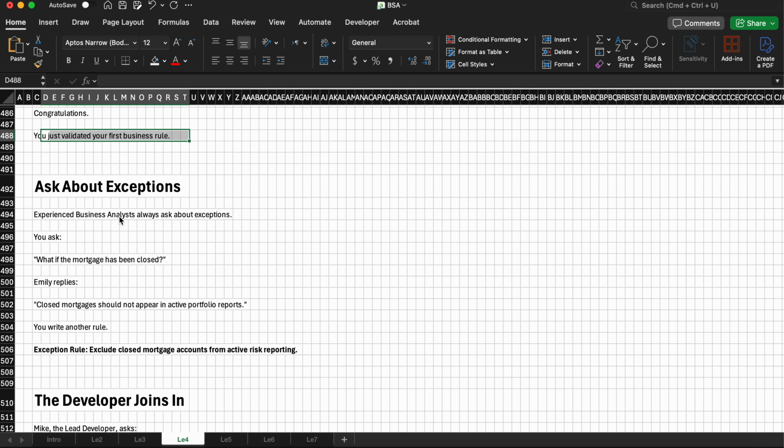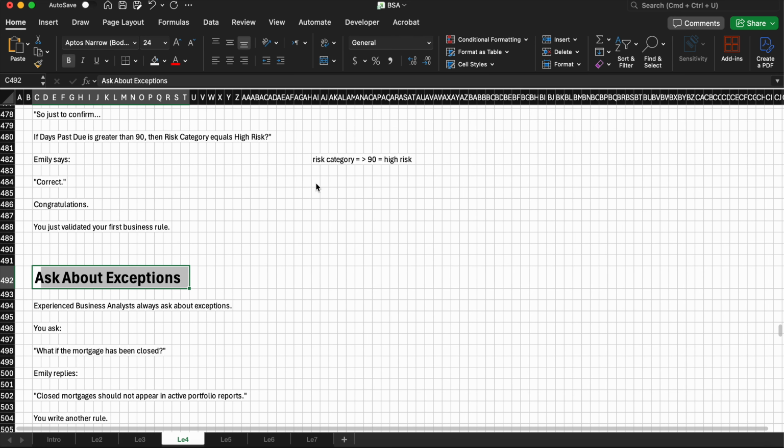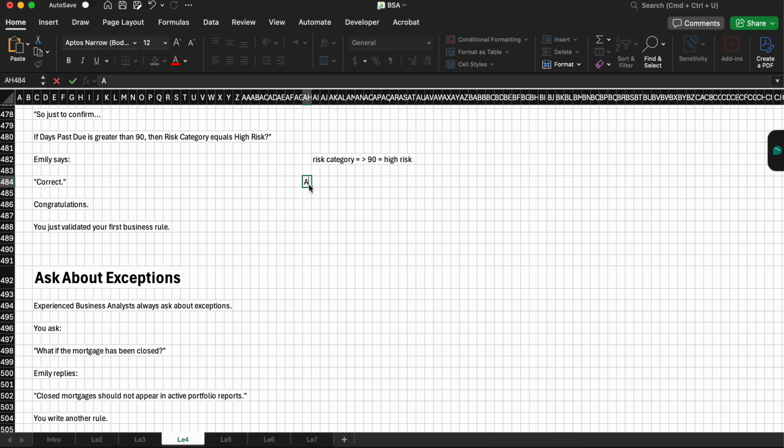Next, ask about exceptions. Exception means, this is the happy path, right? For example, a customer is supposed to reach from A to B. You have a linear path, a straight line, and that's the path the customer should go. That's the happy path. Let's say for some reason the customer could not reach B. What will happen?